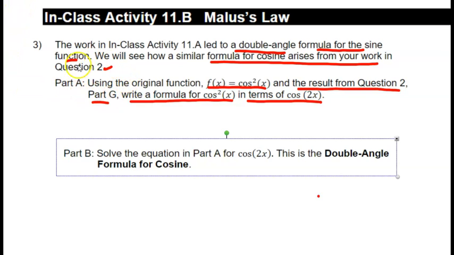I want you to think about this. Use the equation that we just wrote in part G to write cos squared x in terms of cos 2x, and then solve the equation for cos 2x. Do this and then we will discuss it together.